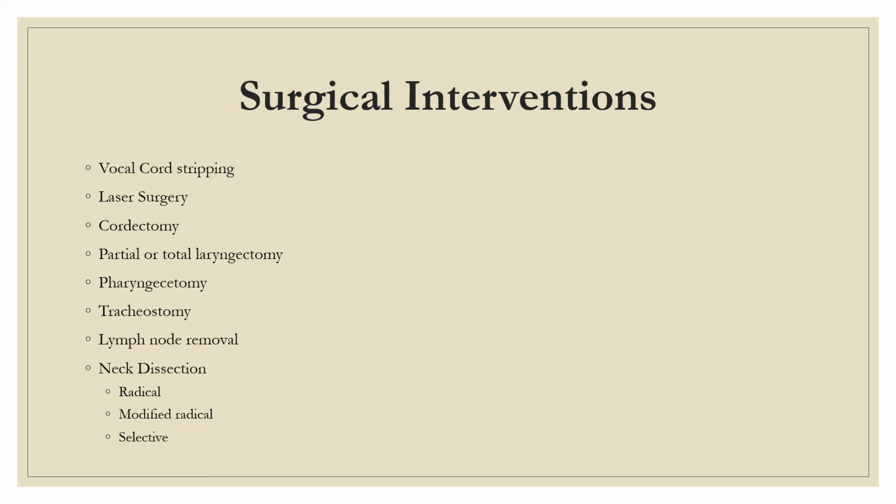So this is actually getting bigger in size. We're not just removing the voice box, we're removing the throat. So with that, we may need to create alternate paths of breathing. So we may need to put in a tracheostomy for the patient to breathe more through their neck than through their mouth. Okay.